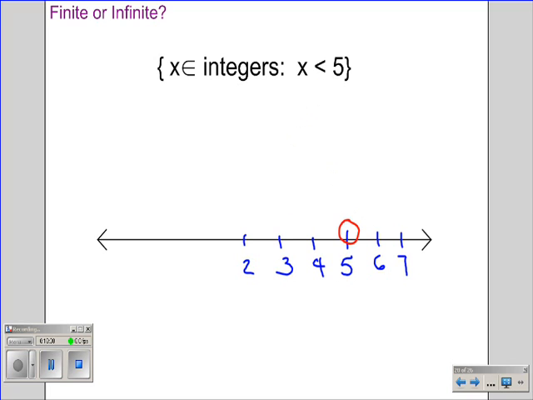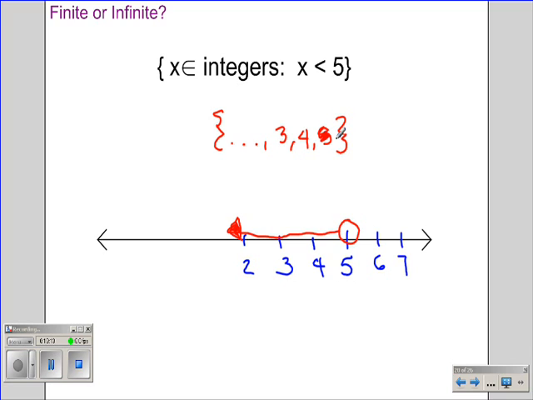It's going to be an open circle, and it's all these that are less than it. I really don't know where to end, so I'm going to just draw an arrow there pointing off in that direction, meaning that this set of numbers is going to continue on in that direction forever. In fact, if I was going to write this set in set notation, I'd have to start with a ... and I might put 3, 4, and 5, meaning that this would be the integers less than 5.